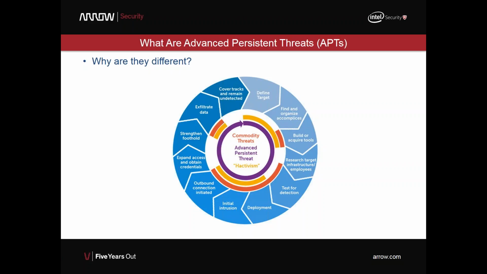So if you tested and you weren't detected, you deploy and you get to the point where you have the initial intrusion on the environment. You then connect outbound, expand the attack, and start to take information out of that environment. You take what you need, and then essentially you cover your tracks and you disappear. And hopefully you'll be none the wiser.